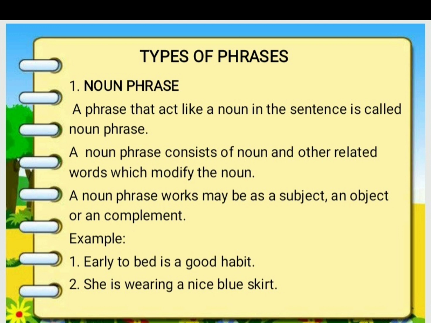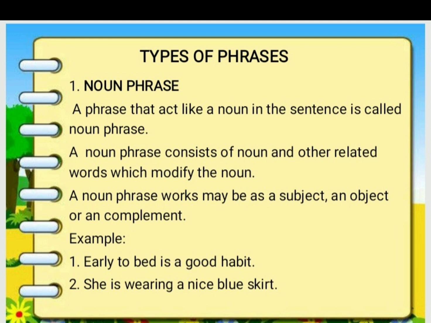So, try to look at or identify or understand the given examples. Number one, early to bed is a good habit. Number two, she is wearing a nice blue skirt. So, in example number one, our noun phrase in that sentence is early to bed.